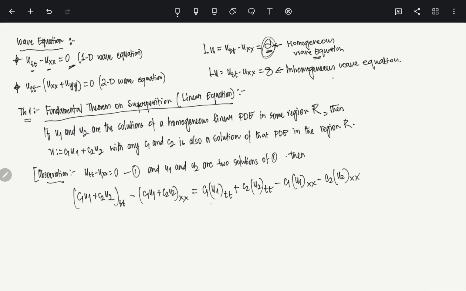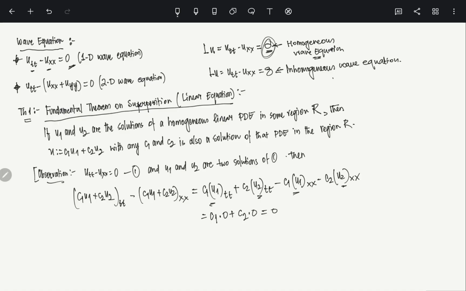Clear? Now if you put these two together, this becomes c1 times (u1 tt minus u1 xx), which is 0, plus c2 times (u2 tt minus u2 xx), which is also 0. Why? Because u1 and u2 are given to be two solutions of this equation.